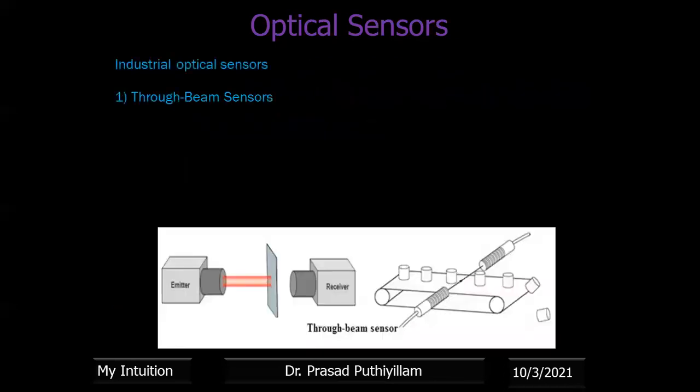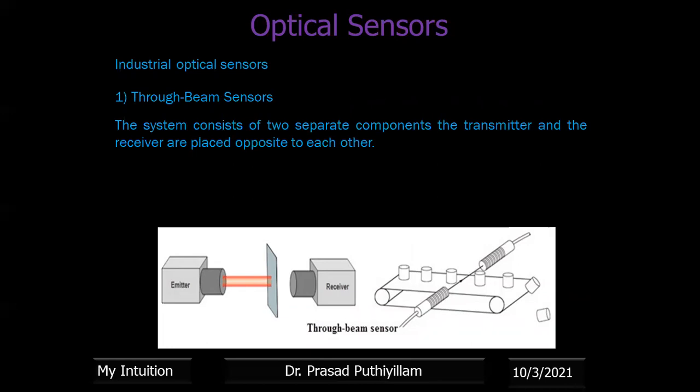There are also industrial purposes. Continuous production units and manufacturing units use three different types of optical sensors. The first one is the through beam sensor. A through beam sensor means we have an emitter as well as a receiver, and if the object you want to measure comes in between these two, the emitter will emit the signal and the receiver will not receive that signal in that particular time gap.